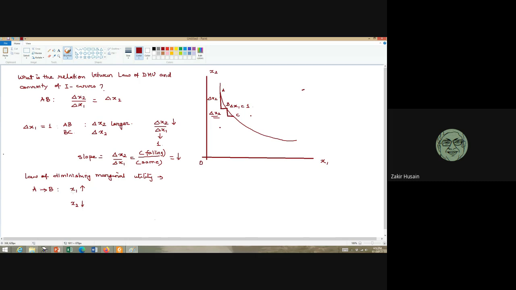Okay, so if x1 goes up, by this law of diminishing utility, what will happen to u1? It will go down. What will happen to u2?